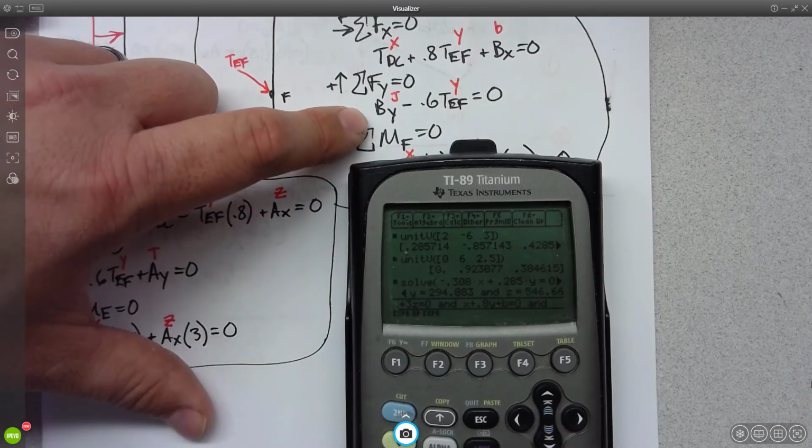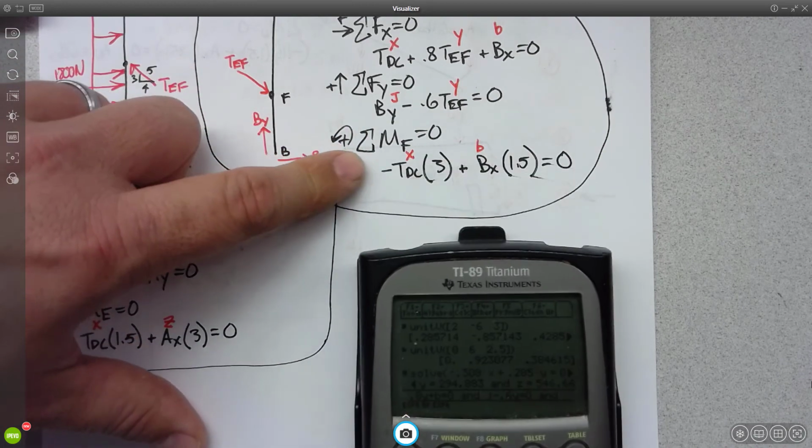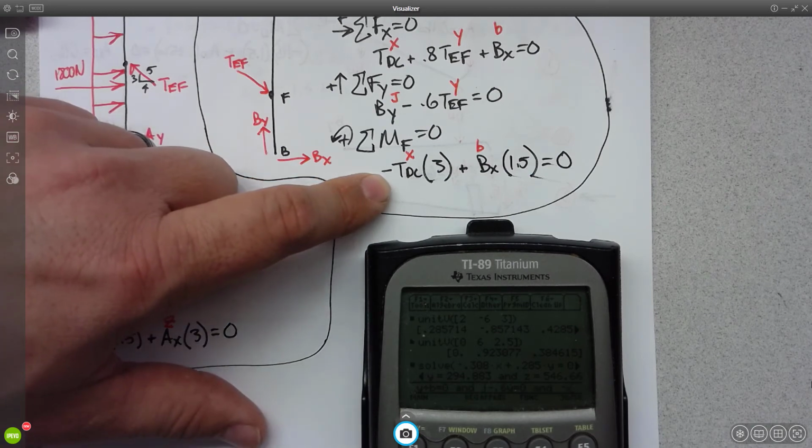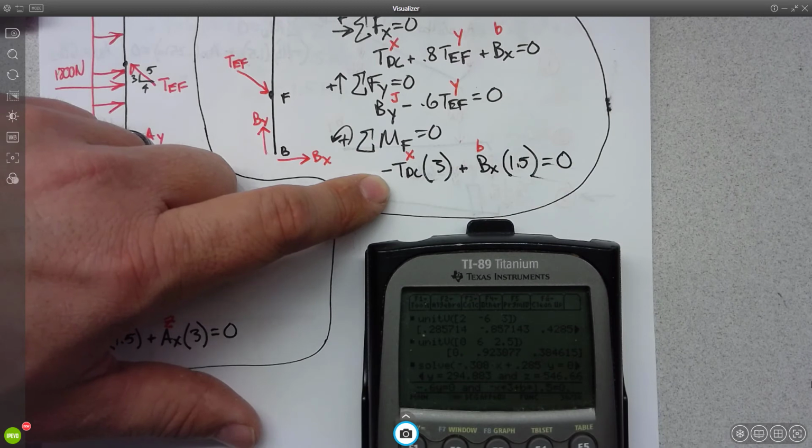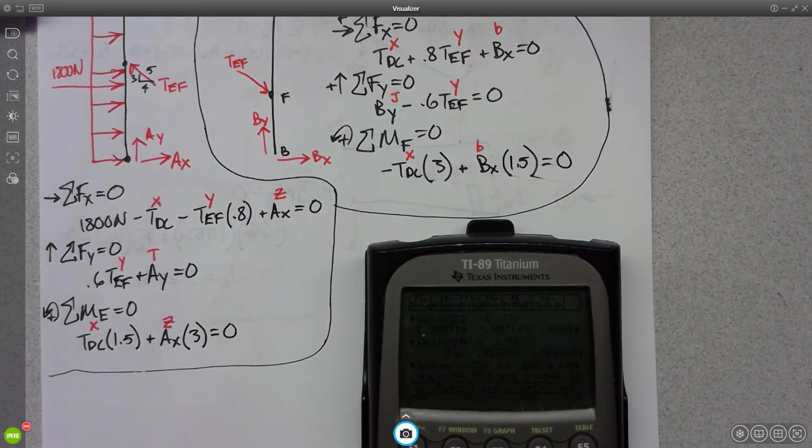And j minus 0.6Y equals 0. And negative X times 3 plus b times 1.5 equals 0, curly brackets, X, Y, Z, T, b, j. Close the curly brackets, close the parentheses, and hit enter. And I have a syntax error. Let's go find out where I messed up. Ah, right there. I had a doubled negative.